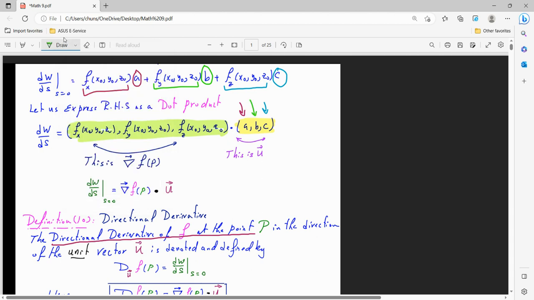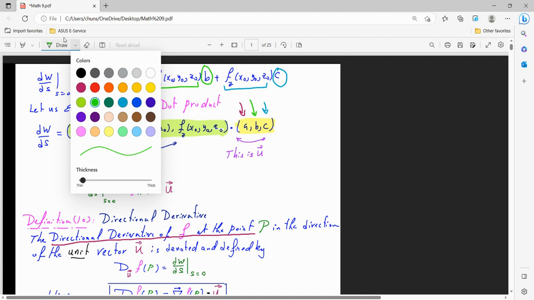So we can kind of break these out. We can extract these a, b, and c terms to get our unit vector. So this is the direction that our vector is going to be directed along.